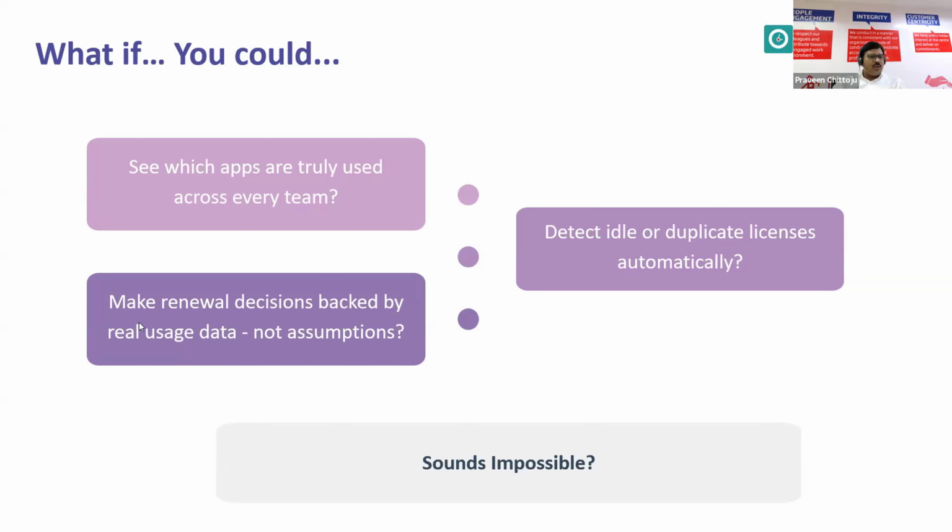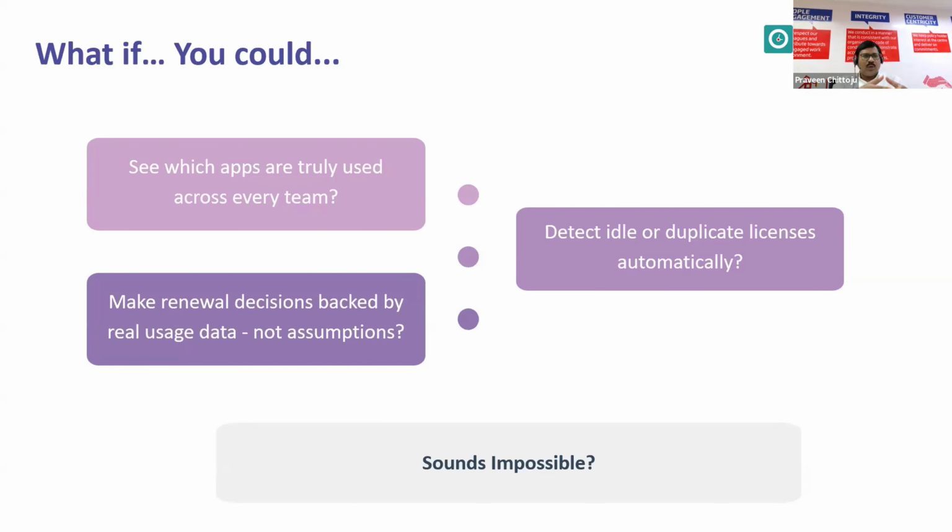Now, one of my friends is asking a question in the chat: if you are not taking action at this time, what happens? I will tell you, if you are not taking action on these serious issues, you won't know what is truly used across every team.